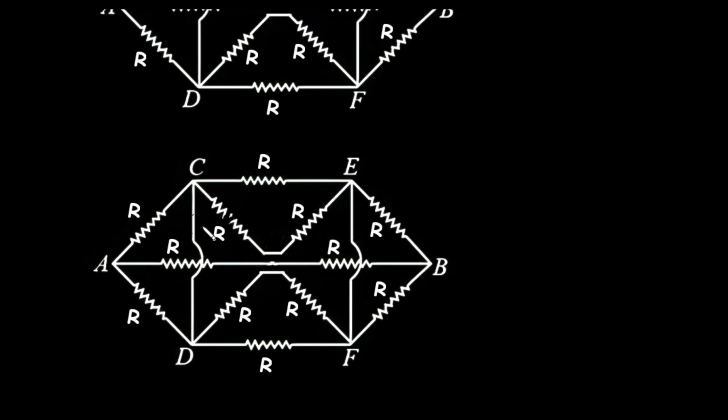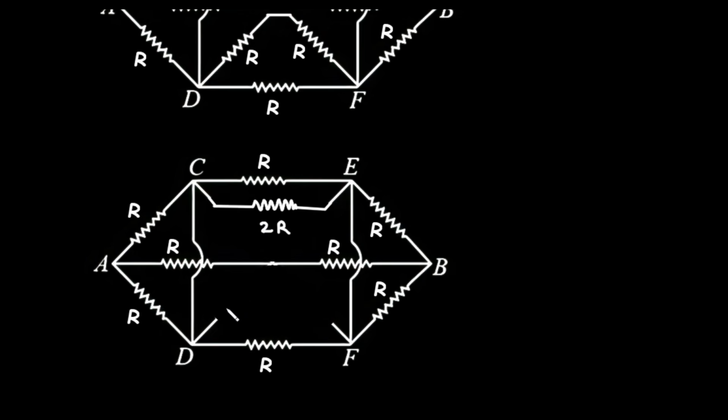So it will be simply 2R. Now here also this R and this R are connected in series, so again it will be 2R.